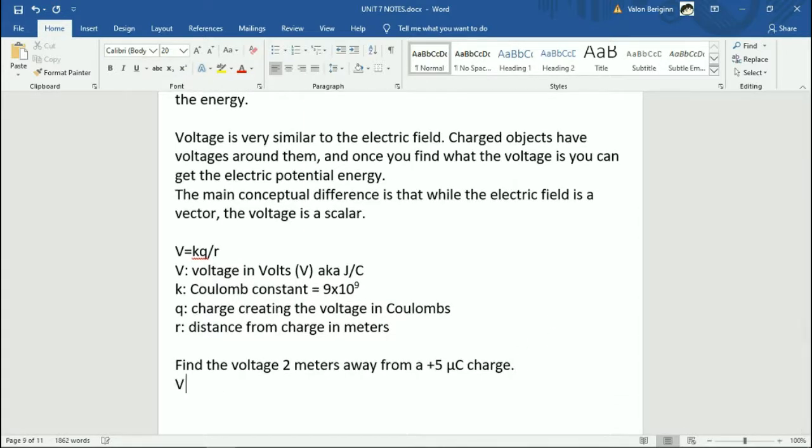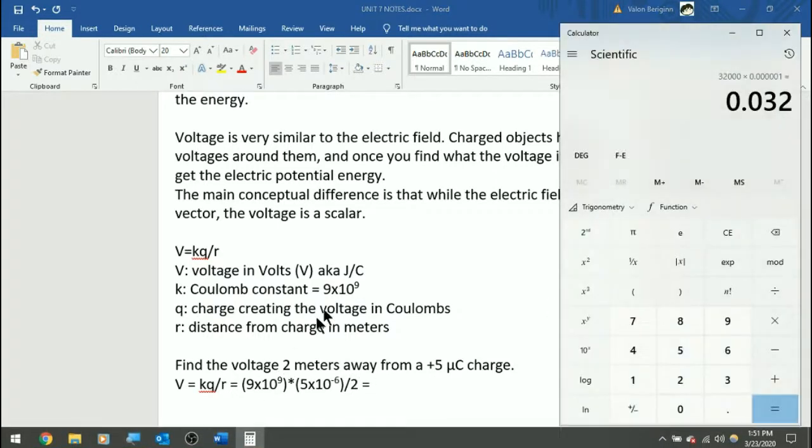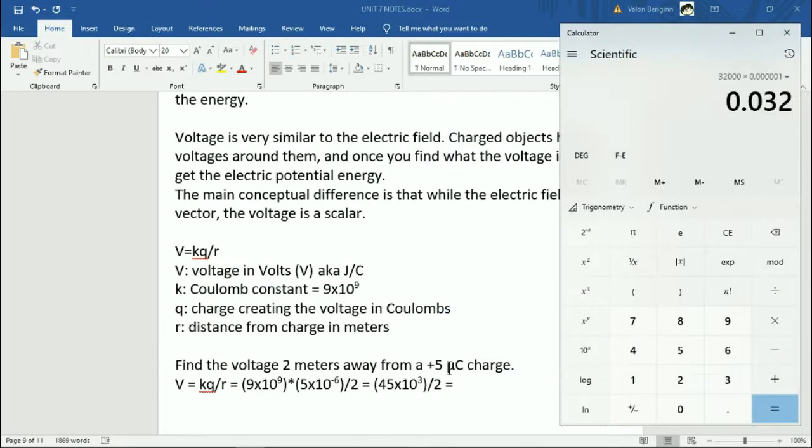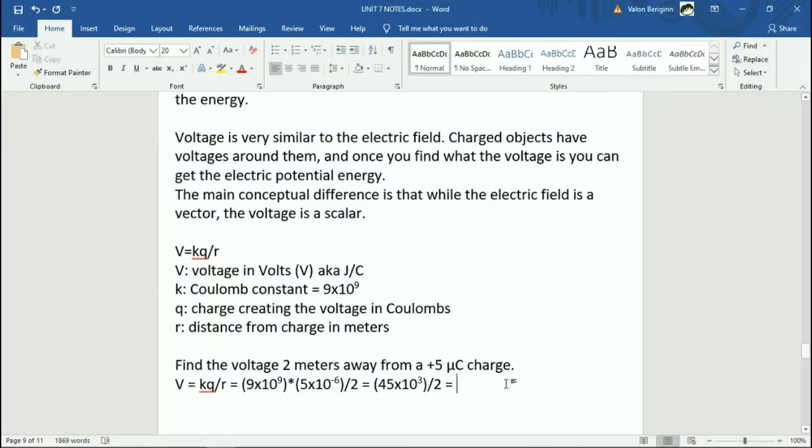Well, voltage is kQ over r, so 9 times 10 to the 9 times 5 times 10 to the negative 6, divided by 2. 9 times 5 is 45, and 10 to the 9 times 10 to the negative 6 gives you 10 to the 3, divided by 2, gives you 22,500 volts. There's your voltage.